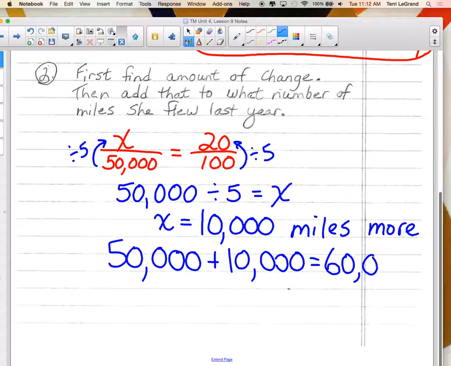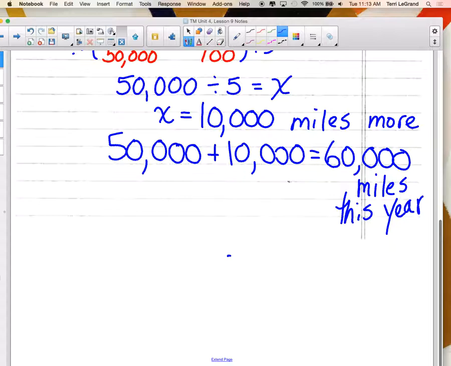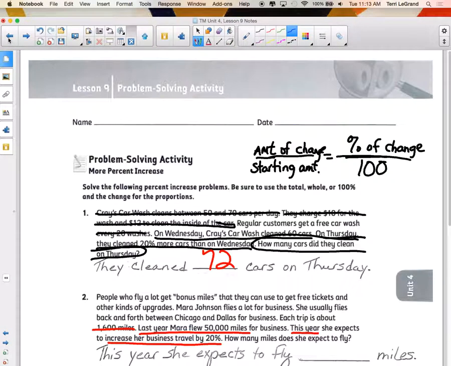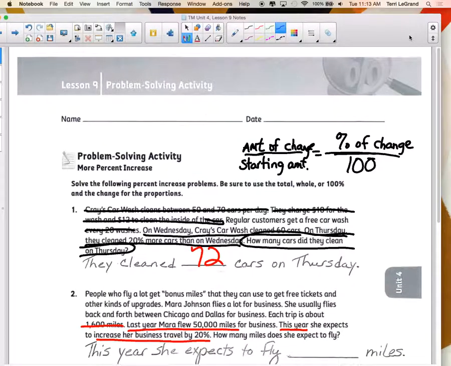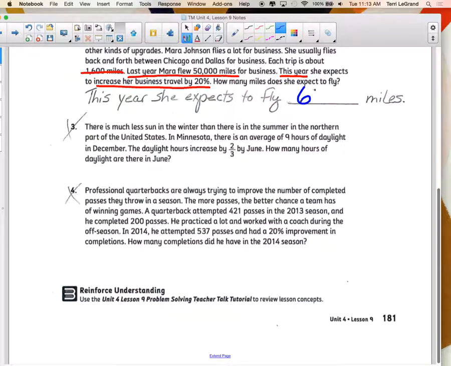So 60,000 miles this year by increasing her business travel 20%. Go back to the other page where the problem was. I have a sentence there for you to fill in the blank. So we're going to fill in the blank right here. 60,000 miles. Okay?